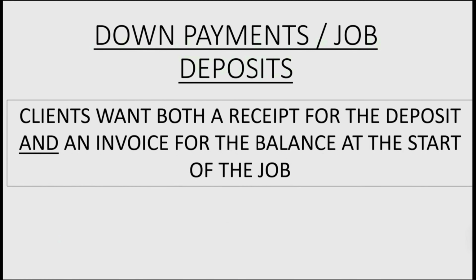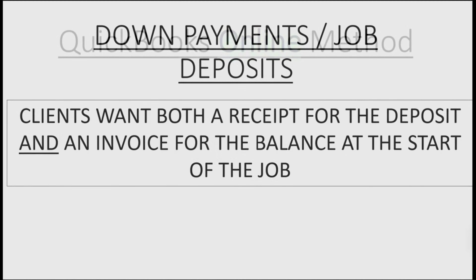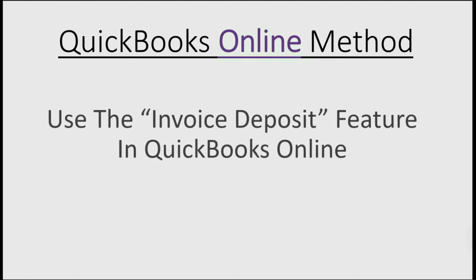Sometimes when customers pay in advance, they want both a receipt for the deposit they just gave and an invoice for the entire balance of the job right at the start of the job. QuickBooks Online provides the QuickBooks Deposit feature so they can satisfy this condition.